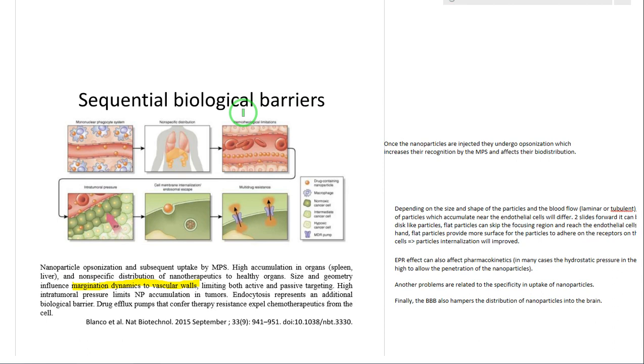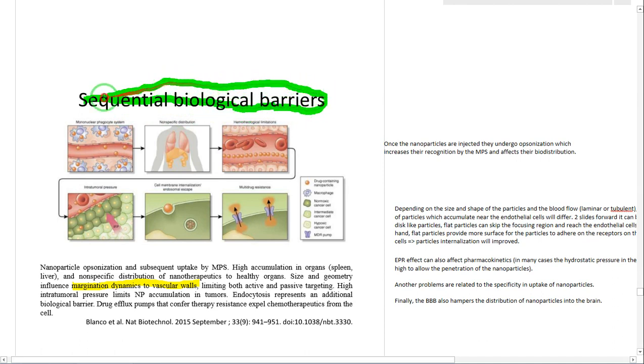On the other hand, if the presence of the drugs in the vicinity of the target site is increased, then the pharmacodynamics has the chance to be increased as well. So, for the particles, in order to reach higher pharmacokinetics and higher pharmacodynamics, they have to overcome sequential biological barriers which are trying to get rid of the nanoparticles within the body.